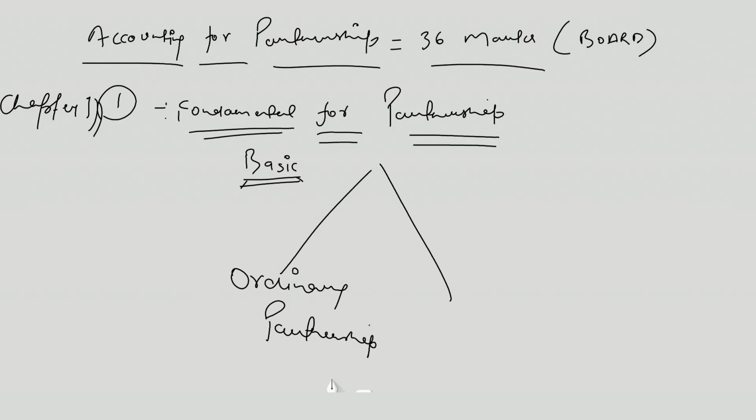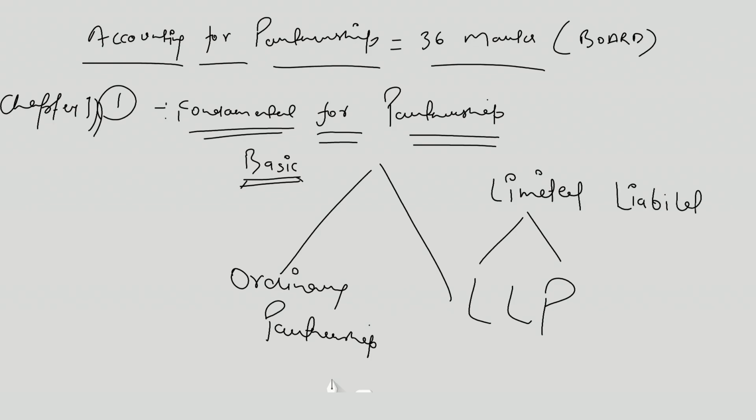Does India have more ordinary partnership firms or more LLP firms? So basically there are two modes of doing partnership business in India: ordinary and LLP. LLP stands for limited liability partnership.